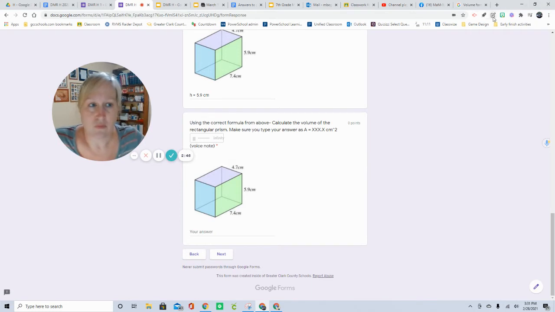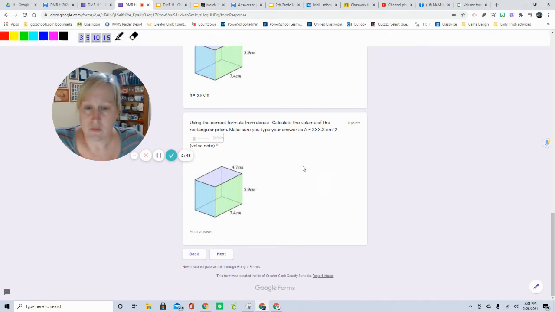This question asks you to use the correct formula from above, which is at the top of the screen, and substitute the letters that you determined in the previous three questions into that formula and solve. When you type your answer, make sure that you type it as capital A space equals your number answer with one decimal point space cm squared.